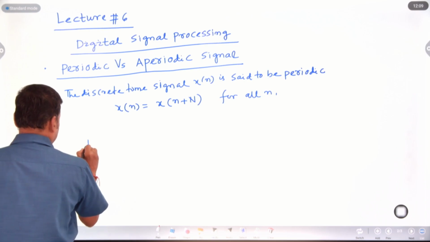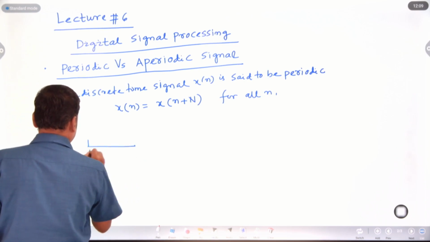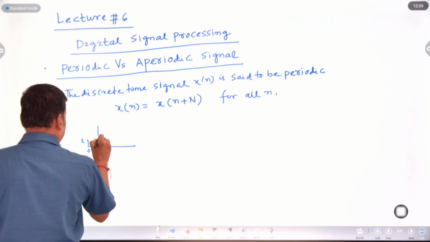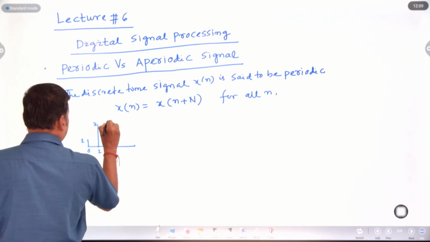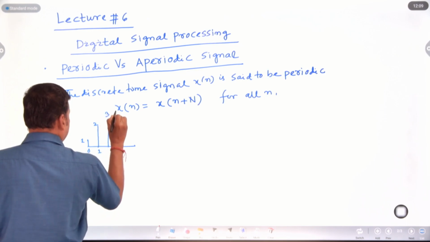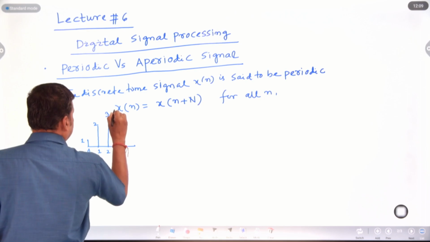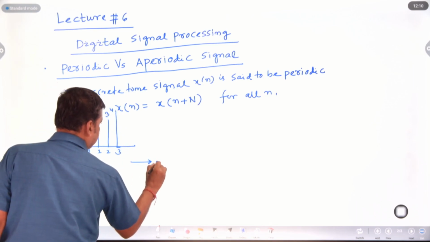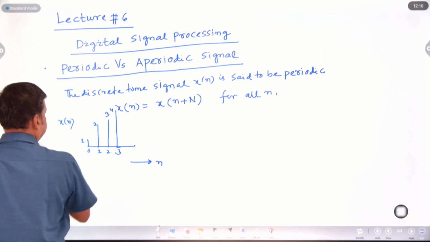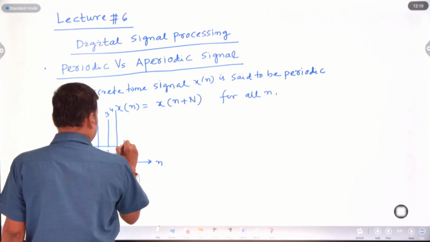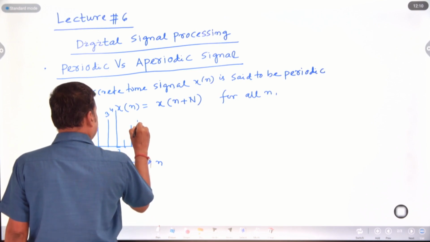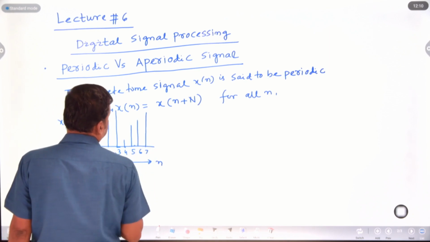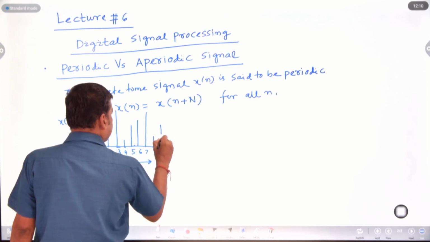For n equal to 0, x of n is 1; for n equal to 1, it is 2; for n equal to 2, it is 3; and for n equal to 3, it is 4. Then again 1, 2, 3, and 4, and so on, similarly like this.